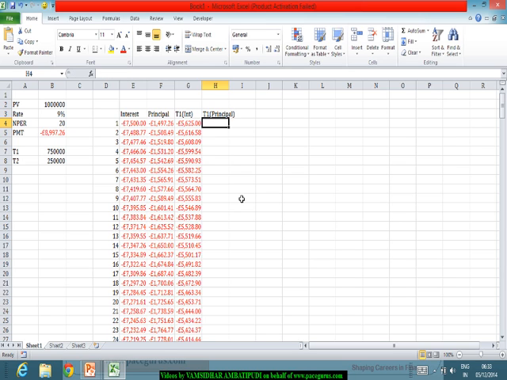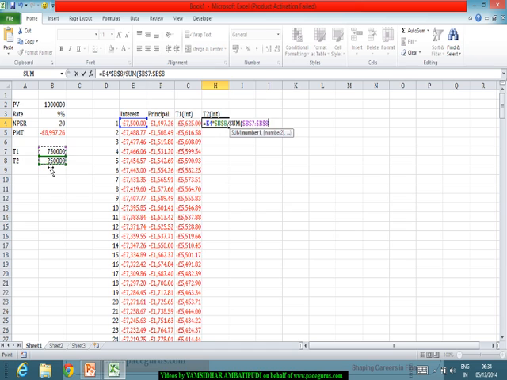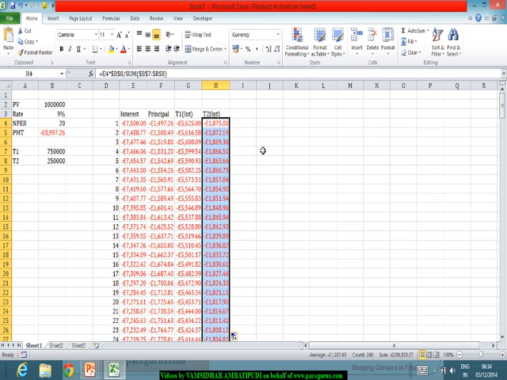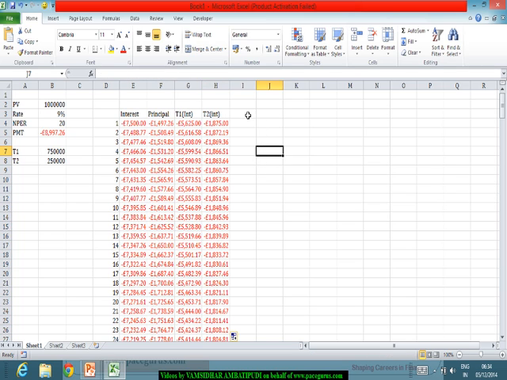Let me compute the interest for tranche 2 as well. Tranche 2 will be receiving the remaining portion of the interest. So these are the payments that tranche 1 and tranche 2 are receiving.